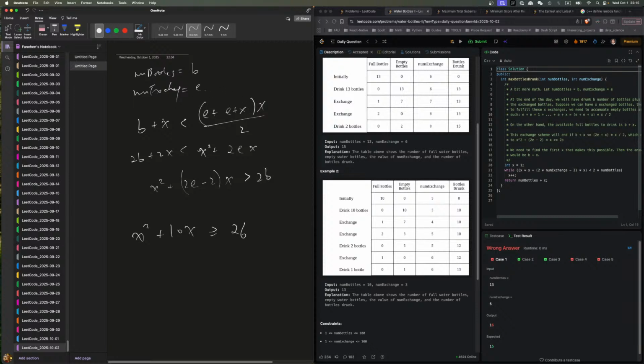This is 15. But we cannot do another exchange because it has raised up to, so like 2 rounds. After 2 rounds we have 1 left, right?